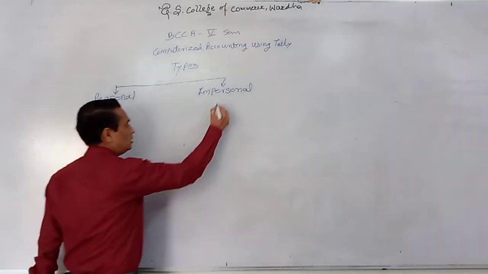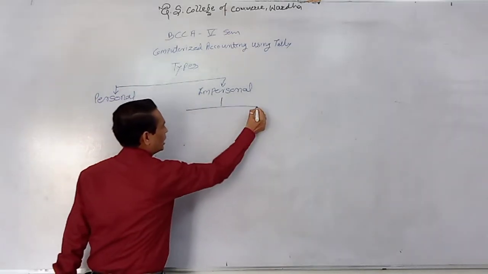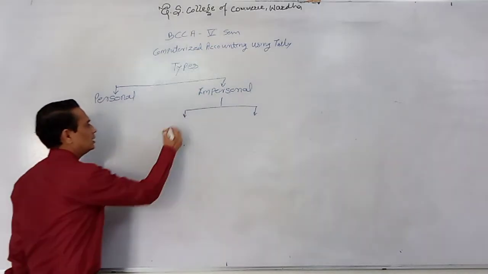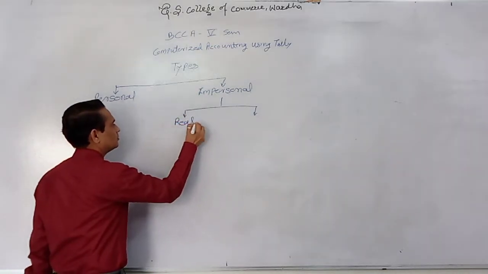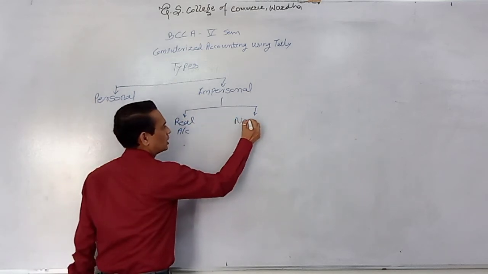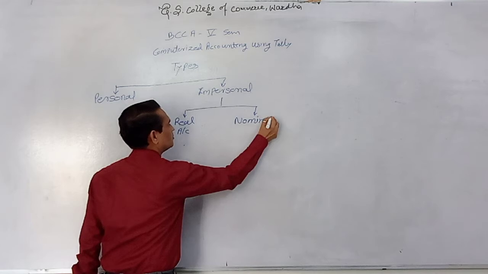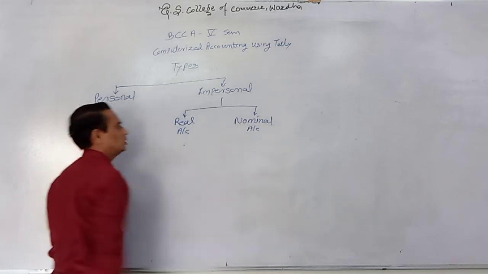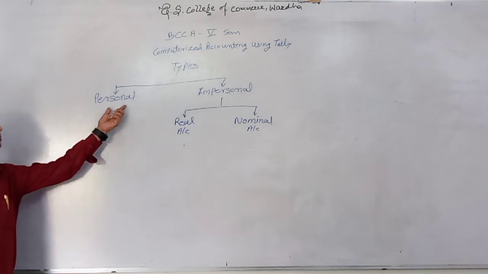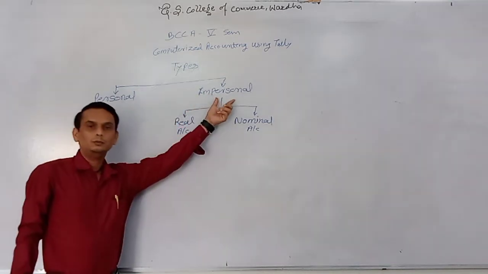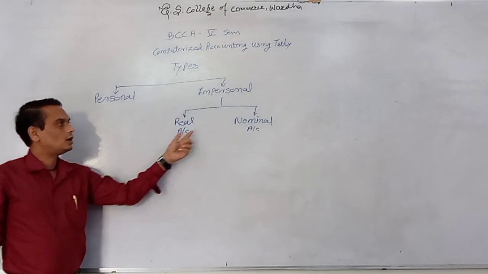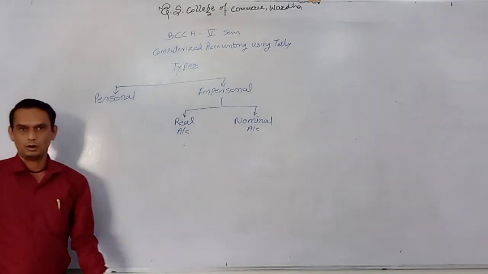The impersonal type again has two types, that is real account and nominal account. So we have personal account and impersonal account, and the impersonal account has two types, real account and nominal account.